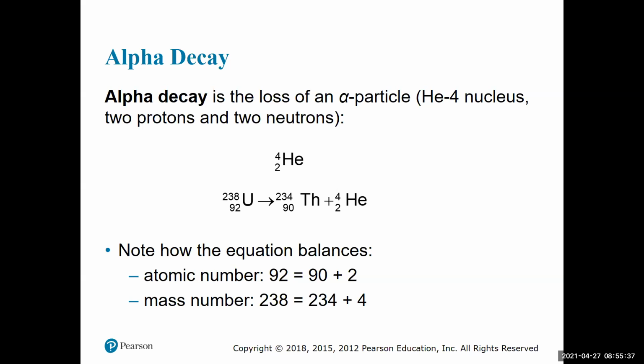So what you would need to do is look at your periodic table and say, okay, what element has an atomic number of 90? One thing I'll tell you right now: to do the homework problems or take the exam, you're going to need a periodic table or a list of the elements so that you can see what the atomic numbers represent.